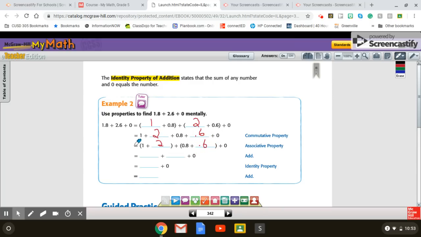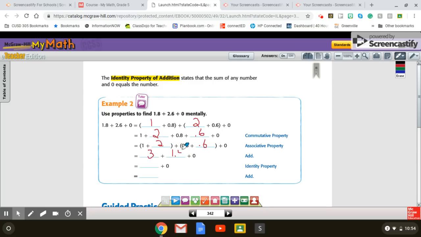Okay, if you add the whole numbers together, 1 plus 2 equals 3. Hopefully you figured that one out. 8/10 plus 6/10. How many total tenths is that? Well, that would be 14/10. But you can't have 14/10, so you're going to take 10 of those away to make one whole. And that leaves you with how many left over? 4/10.